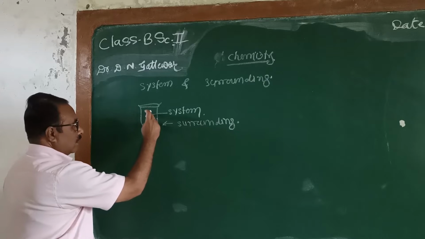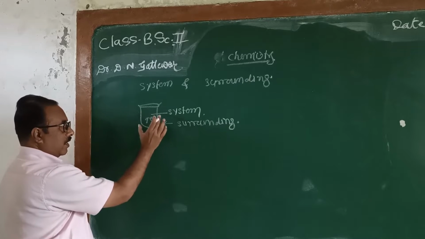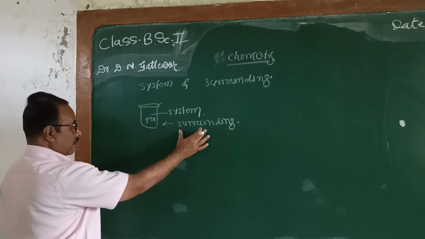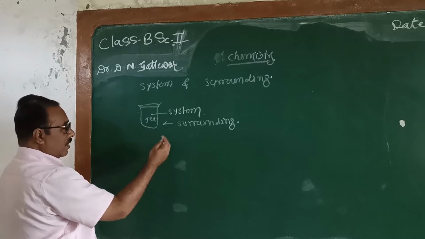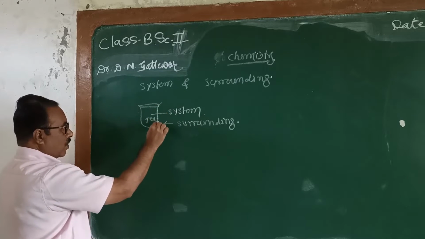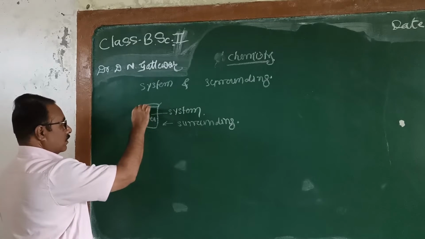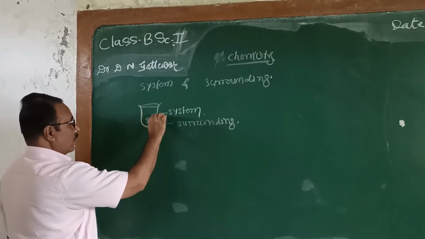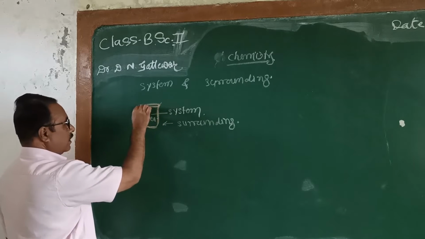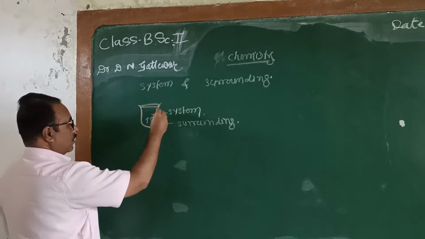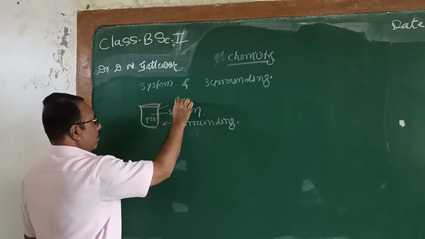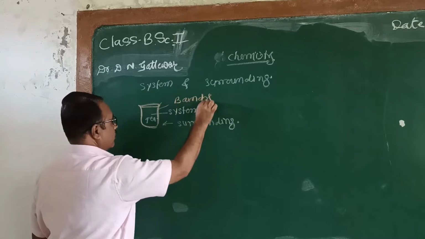So inside there is the system and outside there is the surrounding, and this is the wall. This is the surface or curve that divides the system and surrounding, and that is called the boundary.